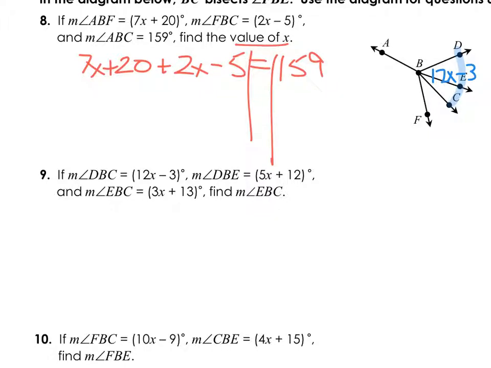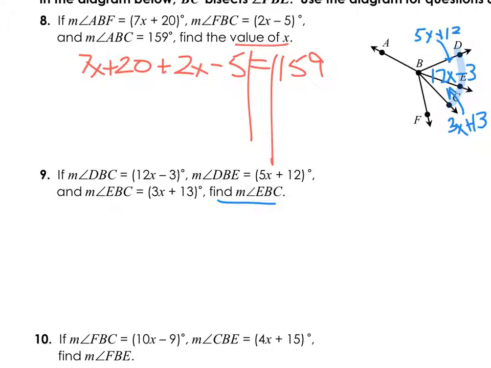Then DBE, the little guy, is 5x plus 12, and EBC is 3x plus 13, so this part is 3x plus 13. Now this time they're asking us what's the measure of EBC, so they just want the little guy right here. So first, we need to find the value of x and then plug him back into this expression right here. So how do we find the value of x?